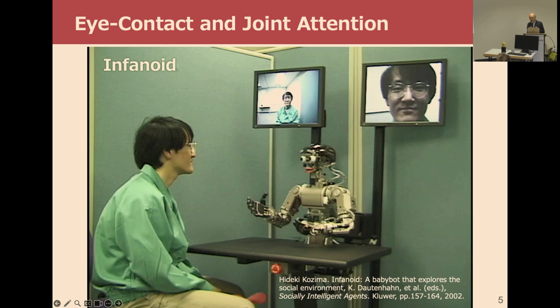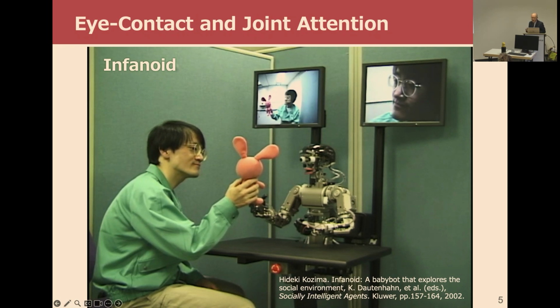As I was a designer and engineer, I built a robot that can do that. This is Infanoid, an upper torso humanoid robot. The size of the robot is almost the same as a 4-year-old child. The two monitors behind show the robot's peripheral view and foveal view. Both cameras are inside the eyeballs. Let's see.